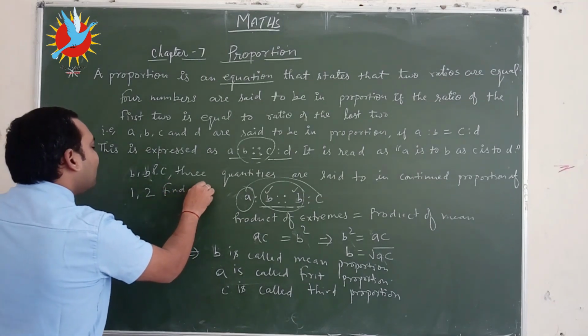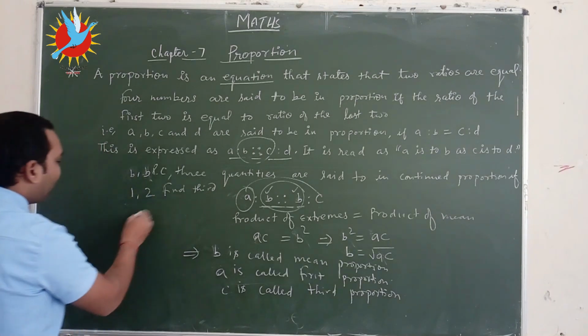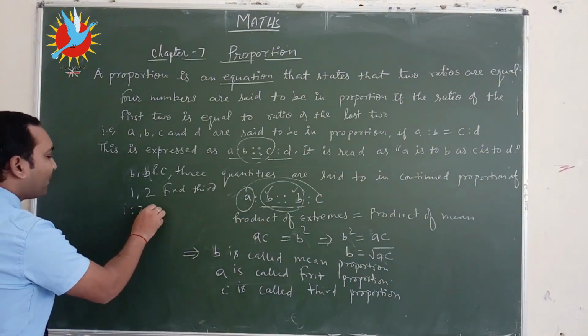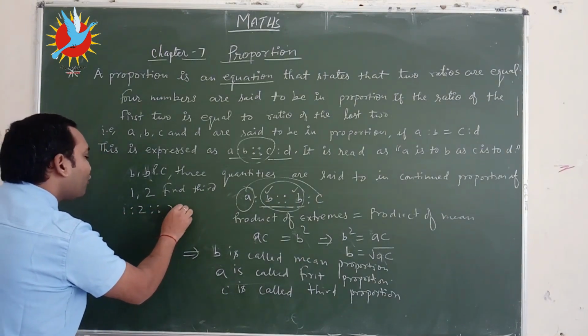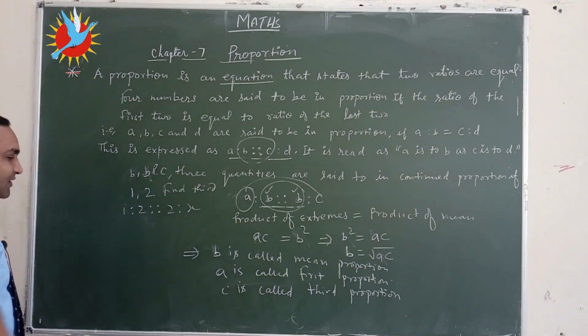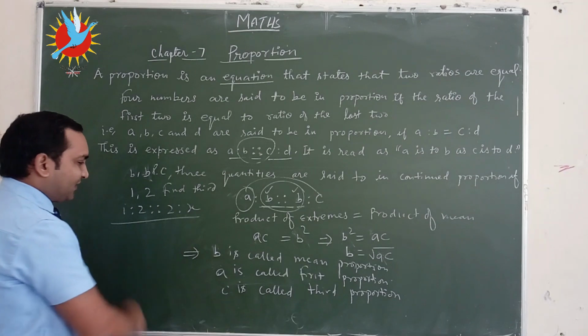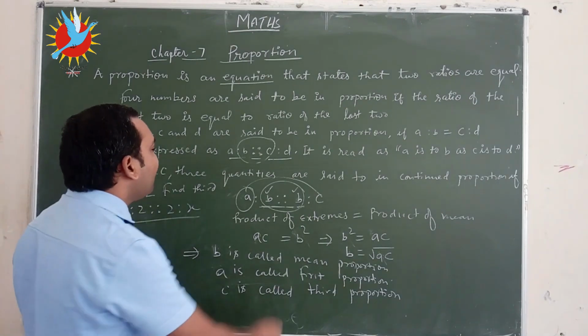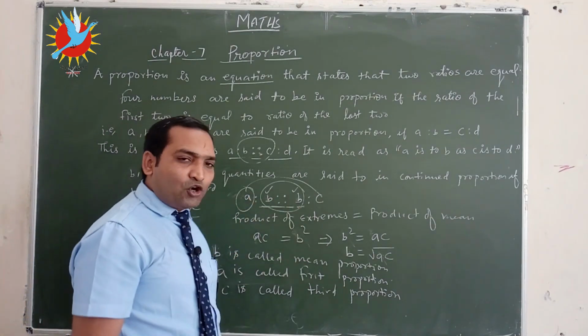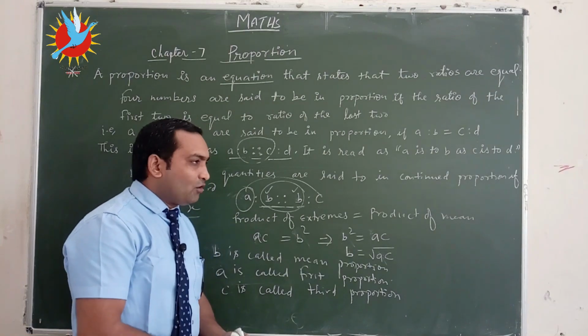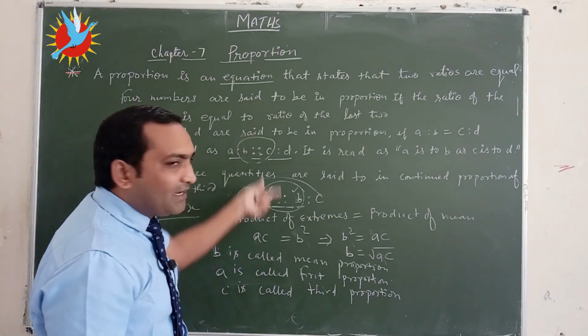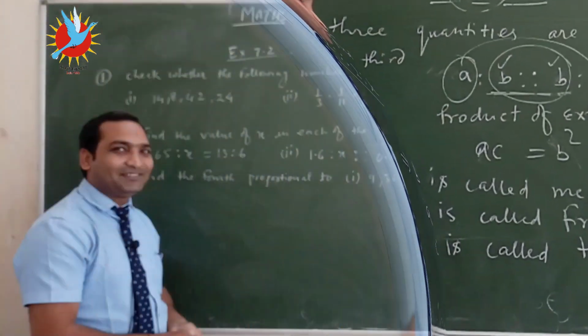We write 1 is to 2 as 2 is to the third proportion x, and then we find the value of x by using the formula: product of extremes is equal to product of means. So let's solve exercise 7.2.